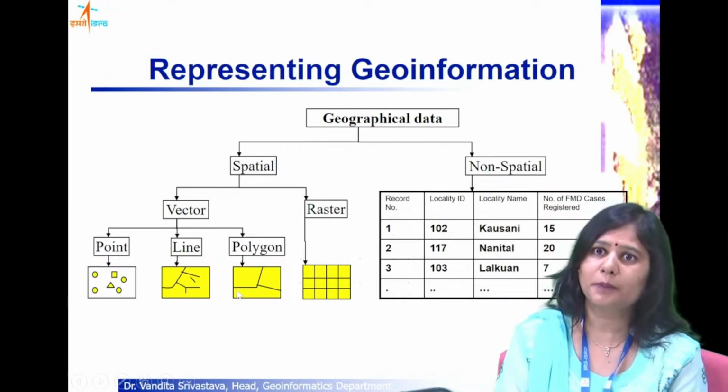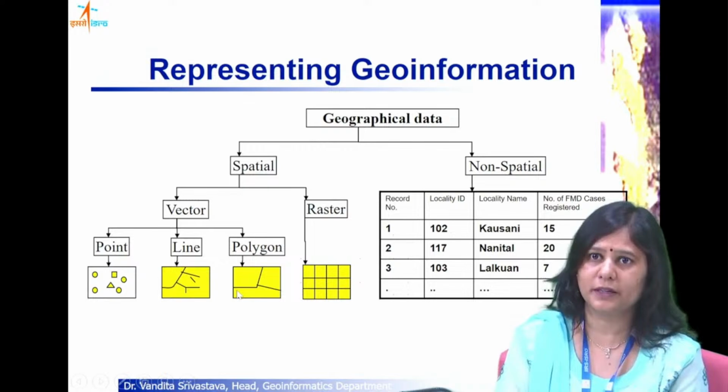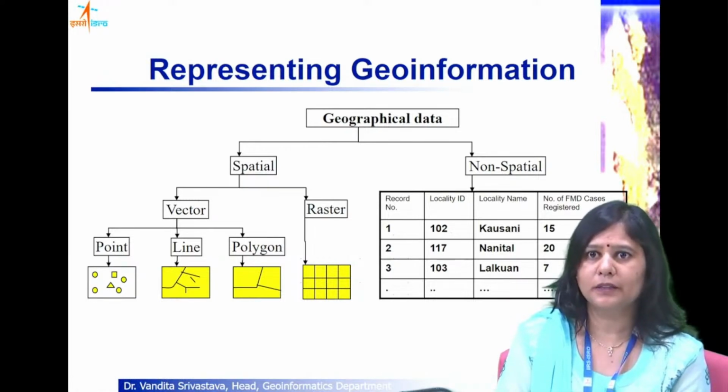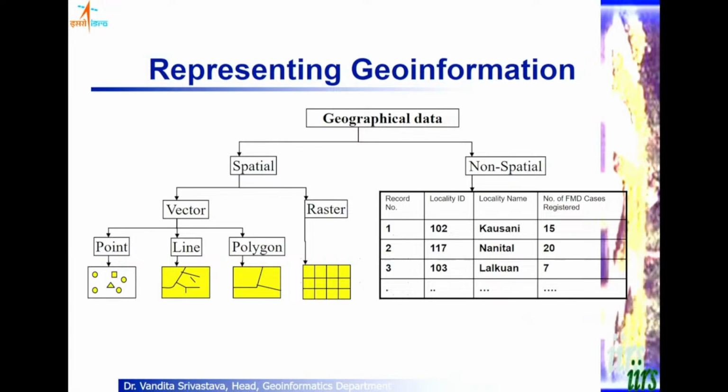Now again, that depends upon the scale at which we are representing it. If we are representing a very small scale map, where we are able to see a huge amount of area but very little detail, we can hardly see anything inside a city. We can just see the city as a point. At that time we will represent the city as a point.